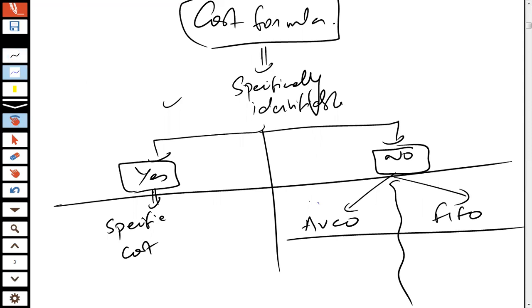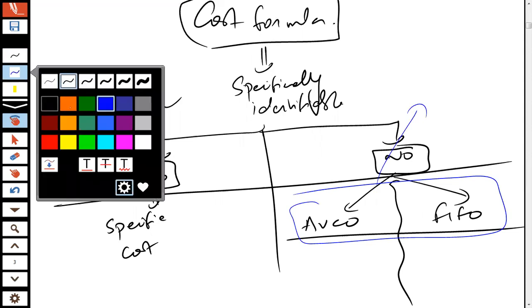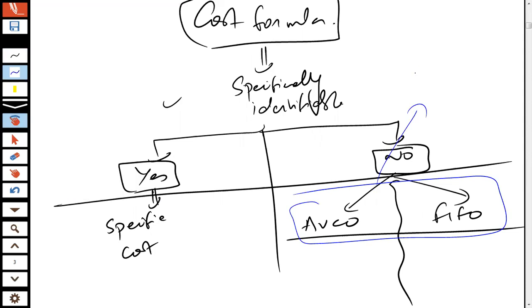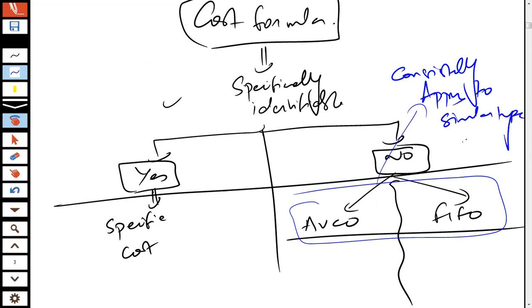Remember that whichever formula you use, you have to ensure that you consistently apply that formula to similar types of inventory.